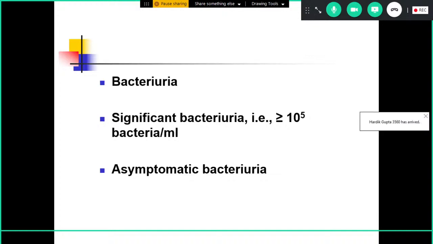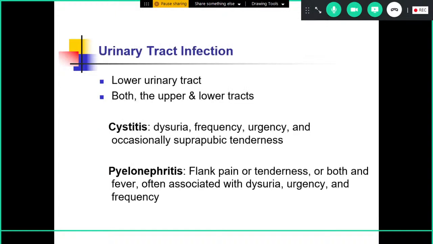And then you come across a term called asymptomatic bacteriuria, where there is bacteria in urine, but the patient has no symptoms. The other terms that you will come across regarding urinary tract infection are the lower and the upper urinary tract infection. When we talk of the lower urinary tract infection, we are talking about cystitis.